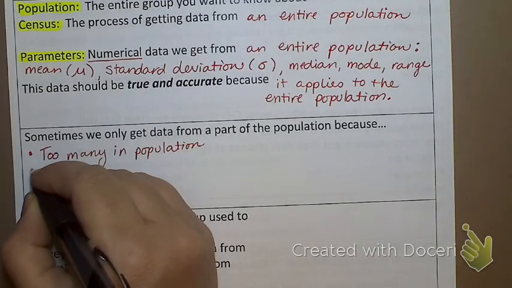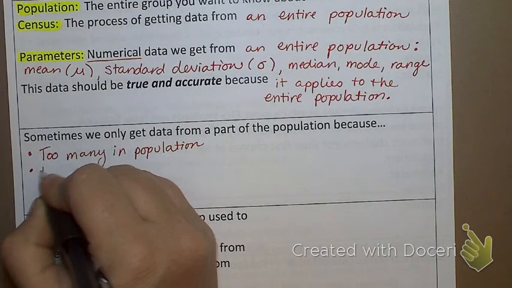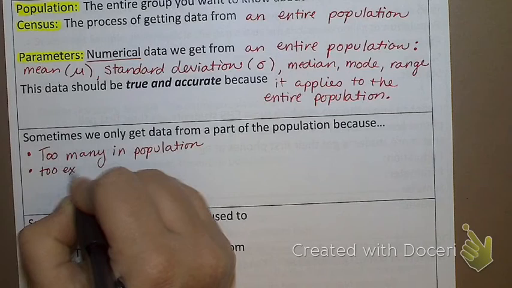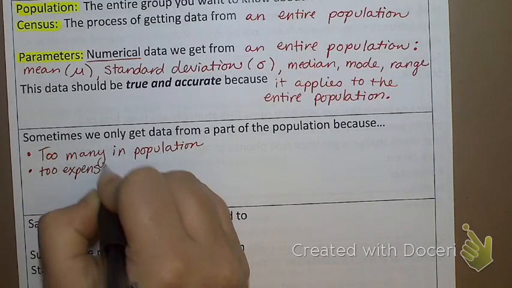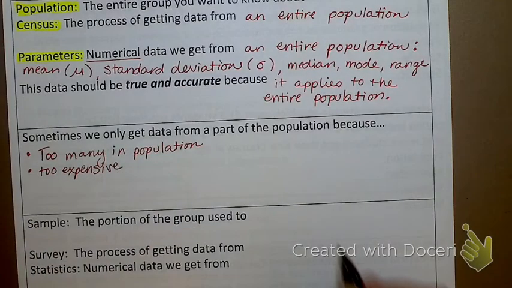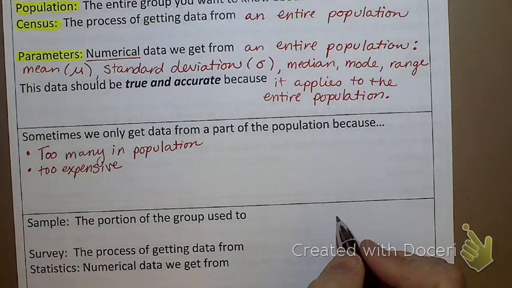Okay, in that same line of thinking, it could be too expensive. All that paper and ink and postage, that all costs stuff. It might be too expensive to do a census of the United States any more frequently than every 10 years because of the amount of money it requires.